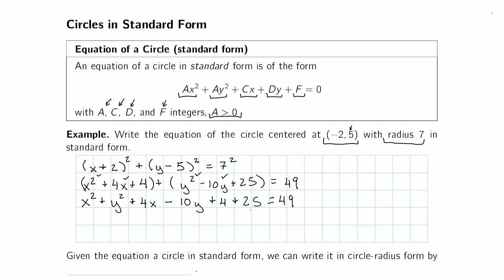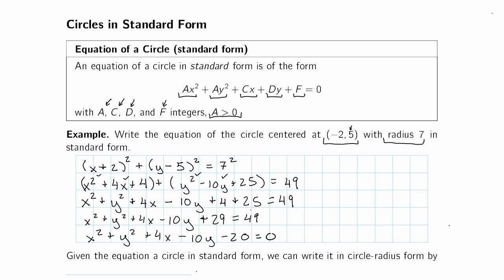Combining the 4 and the 25, we'll have x squared plus y squared plus 4x minus 10y plus 29 equals 49. And finally, we'll subtract the 49 on both sides, and we'll have x squared plus y squared plus 4x minus 10y minus 20 equals 0.